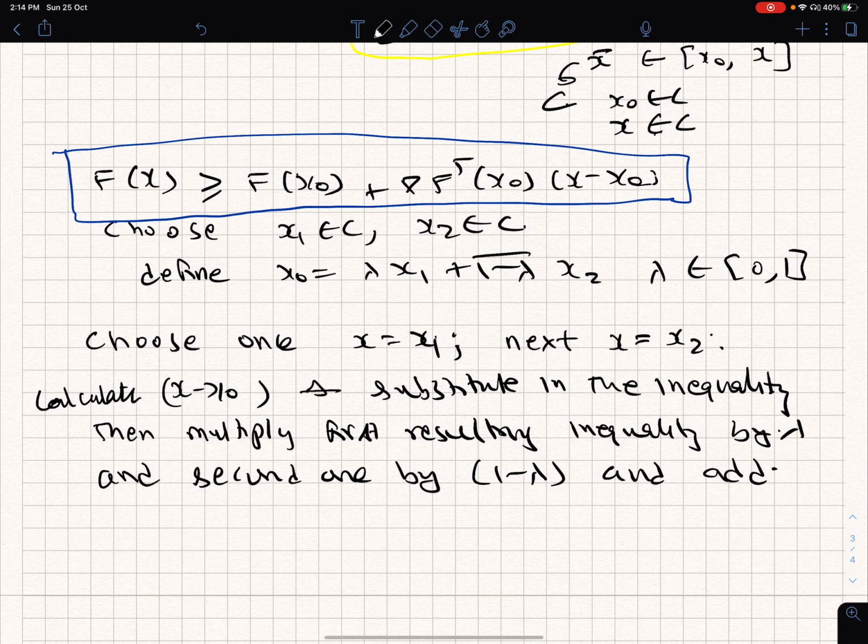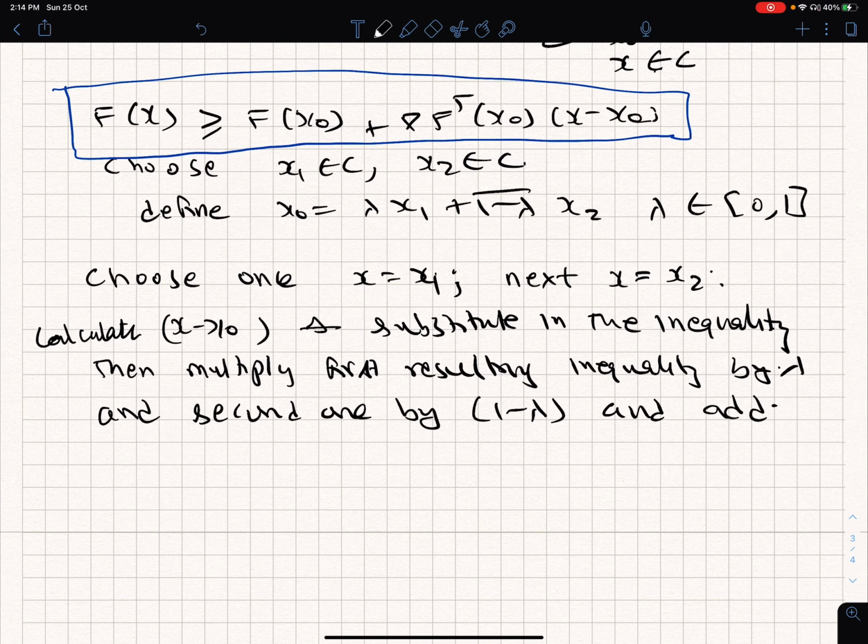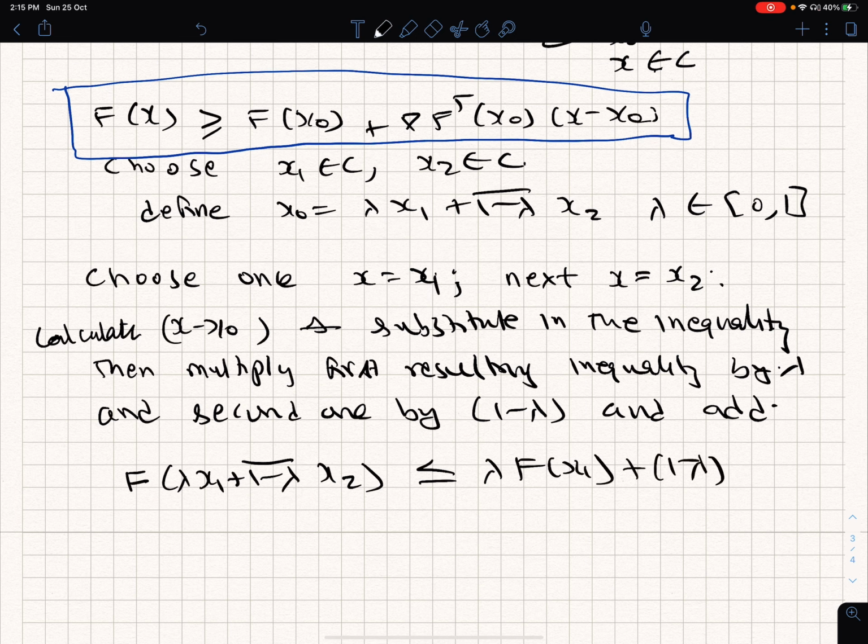You do it yourself, and what you will get is that f of lambda x1 plus (1 minus lambda) x2 is less than or equal to lambda times f(x1) plus (1 minus lambda) times f(x2), where lambda comes from 0 to 1. Hence, f(x) is convex.